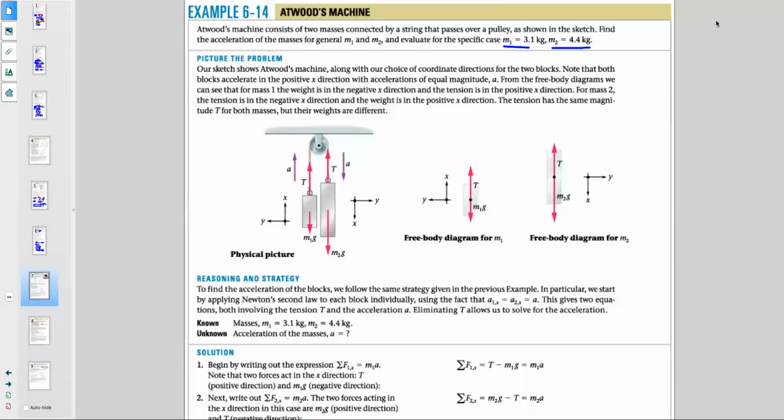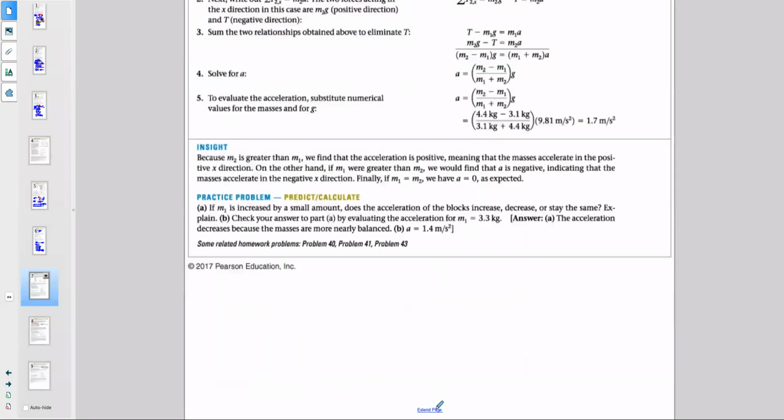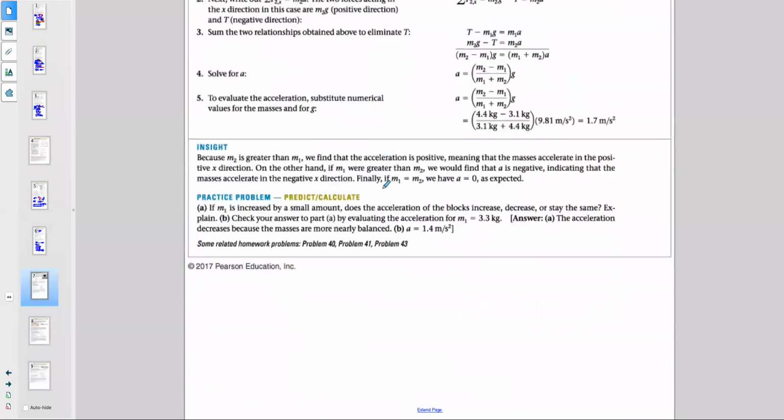If you remember from the Chapter 6 video, I have proved that if you have a system like this Atwood machine without any friction and without any mass considered for both the pulley and the rope, then you can find that the acceleration of the system is M1 minus M2 over M1 plus M2 times G. That's the acceleration of the system.